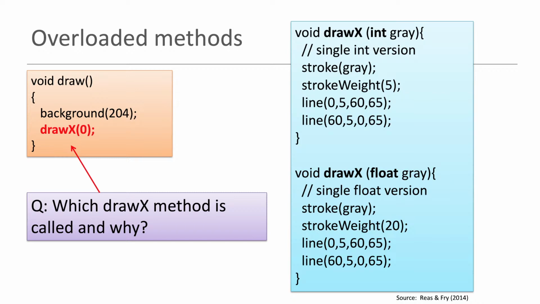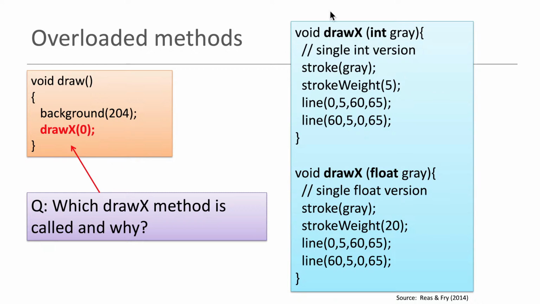Okay, so what happens with draw x here is it looks at the value that you're passing in. And the value you're passing in is 0, which is an integer. It's a whole number. And if we look at the two versions of draw x that we have, one takes an integer and the other one takes a float. Both of them only take one parameter, but how the computer distinguishes between the two of them is that we are passing in a whole number.